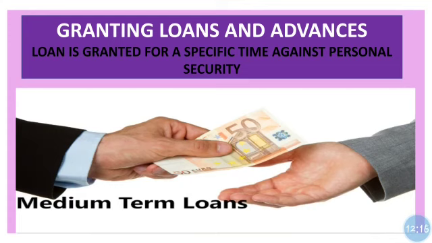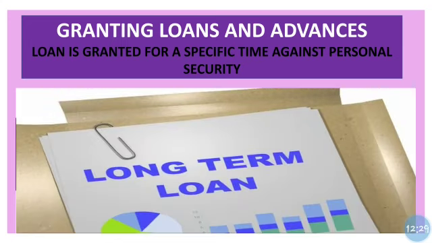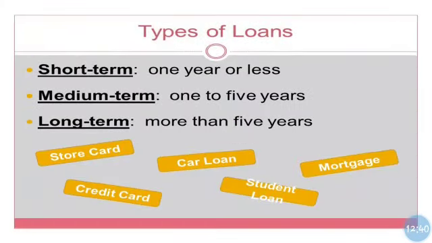Medium-term loans are given for a period of 1 to 5 years for fixed capital requirements of a business firm or any organization. Long-term loans are given for 5 years or more to meet the long-term capital requirement of the borrower. So in this way, short-term is 1 year or less, medium-term 1 to 5 years, and long-term 5 years or more.